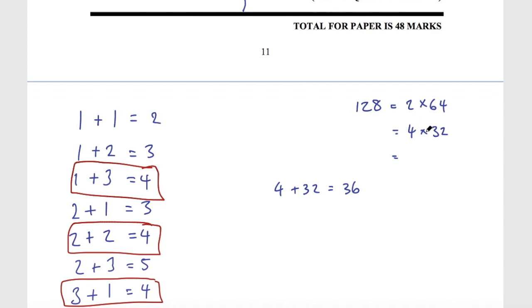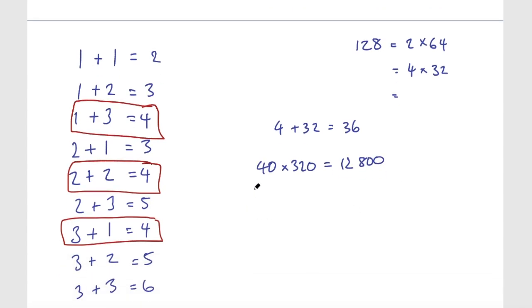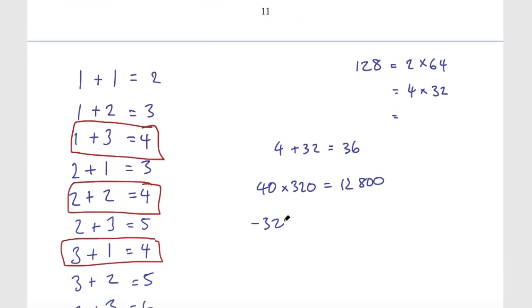Well, if 4 times 32 is 128, 40 times 320, that will make 12,800. I've just added 2 zeros on the end. And we need to make minus 360, so minus 320 minus 40, that will be minus 360.